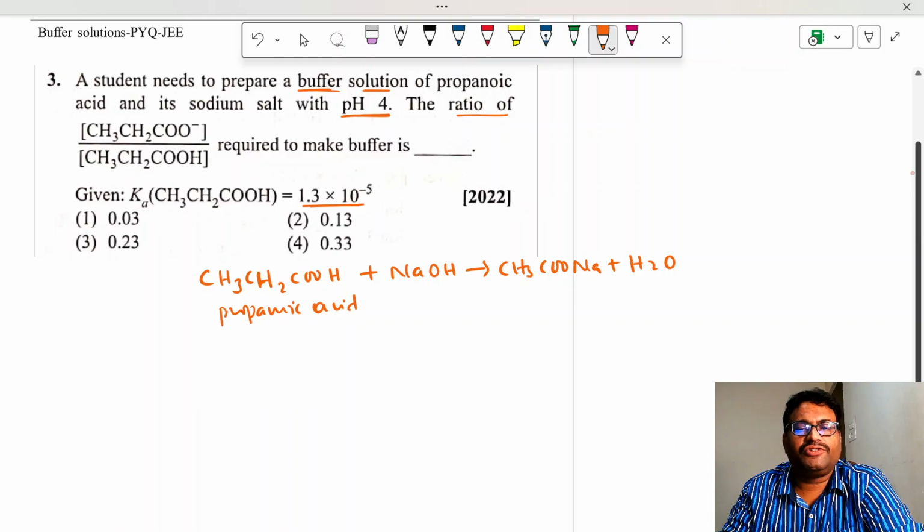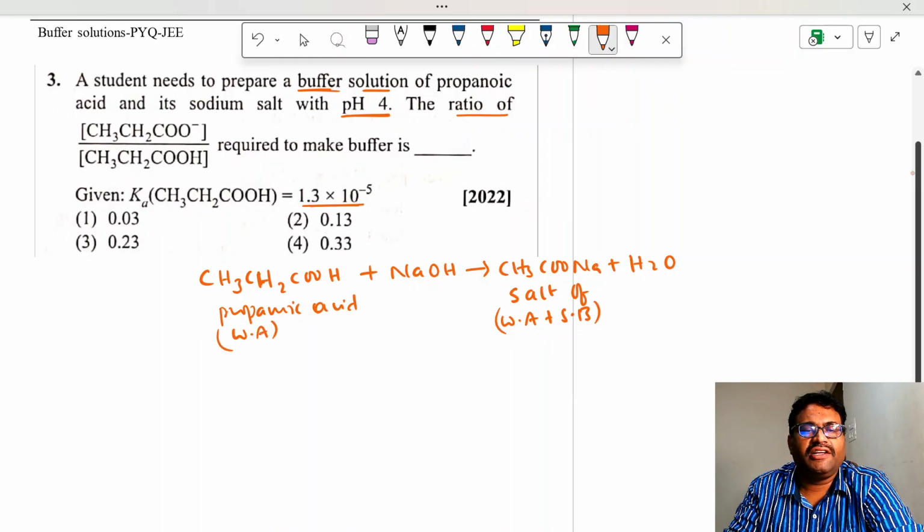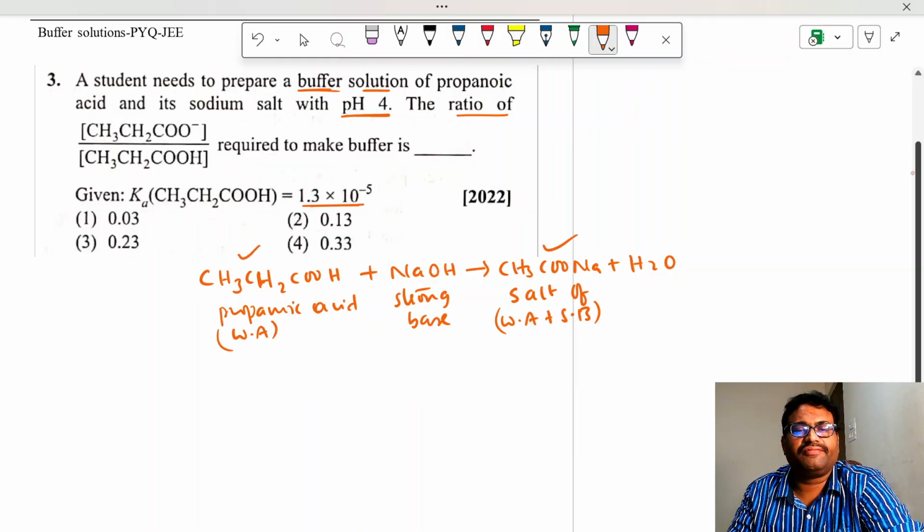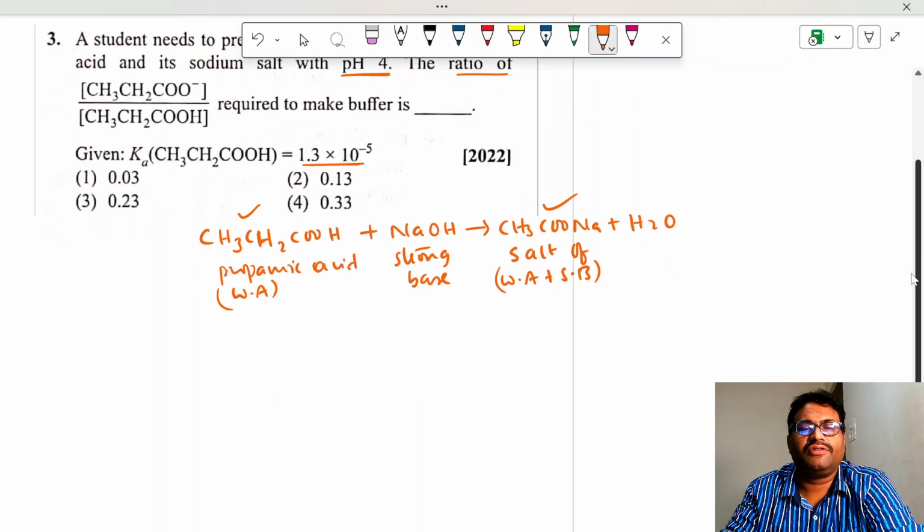So what is the salt? This is a salt of a weak acid plus a strong base, because propanoic acid is a weak acid and this is a strong base. So these two in combination give you an acidic buffer.